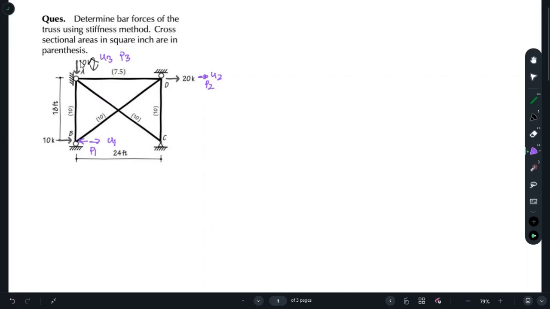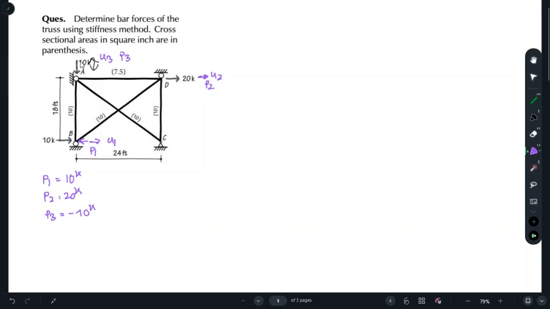So P1 is 10 kip, which is going to the right side, so it would be positive 10. P2 would be 20 kip positive, and P3 would be 10 kip, but it's downward, so it would be minus 10 kip.